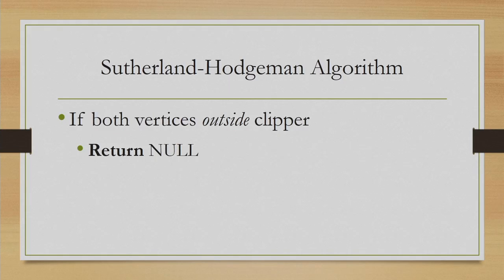And finally, if both vertices are outside the clipper, then we do not return anything, we return null.